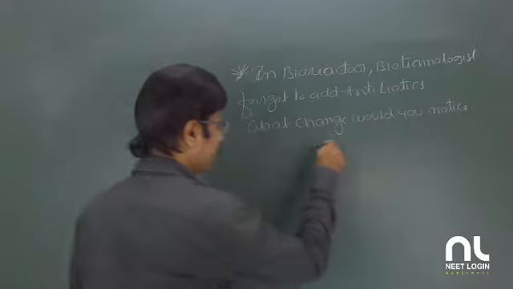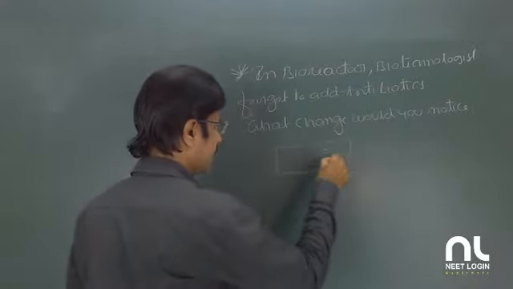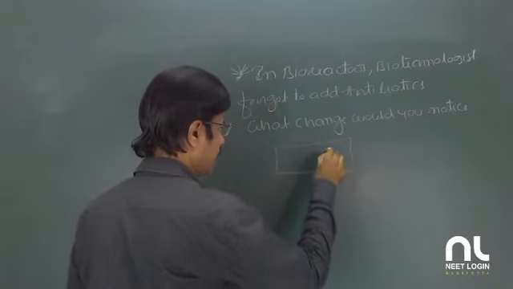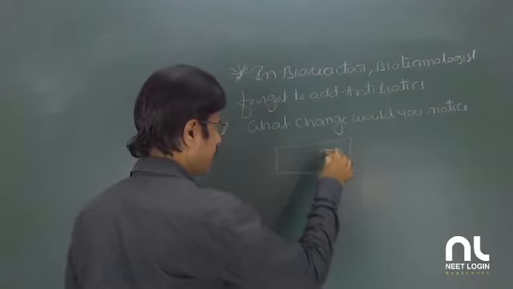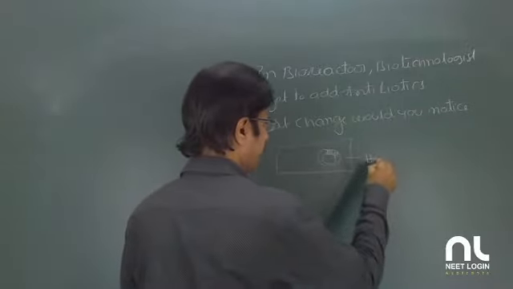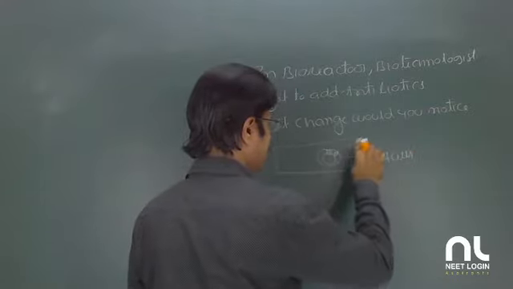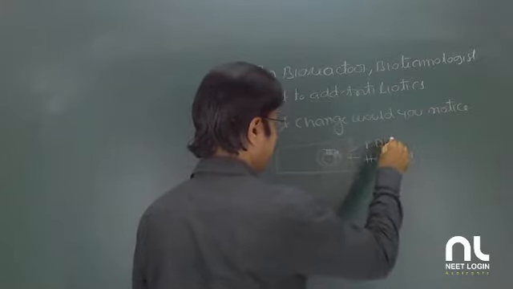Suppose it is the cell, it is recombinant DNA, the cells. So it is the host cell and it is rDNA.